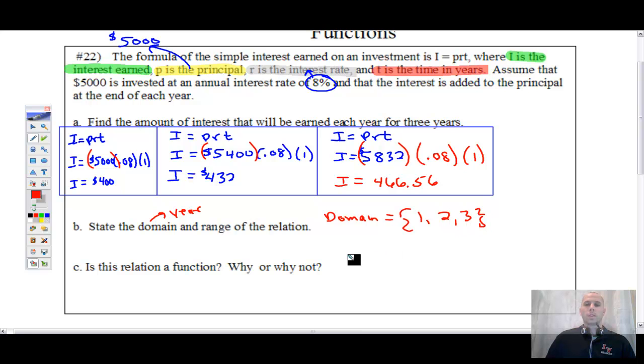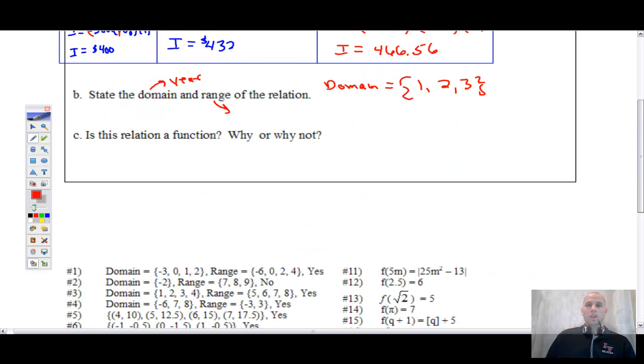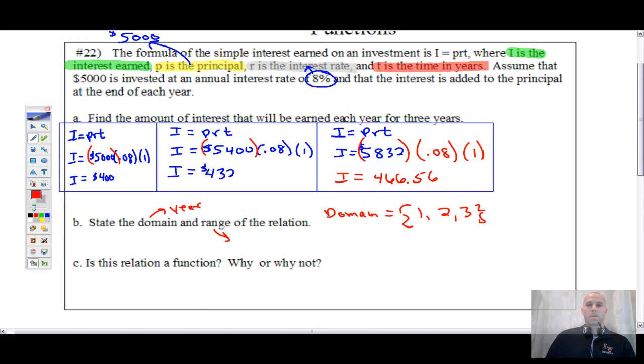The range we're going to define, I can do it in one of two ways. I'm going to see what the answer key says, so I do it that way. Yeah, the range we're going to say is the interest earned.